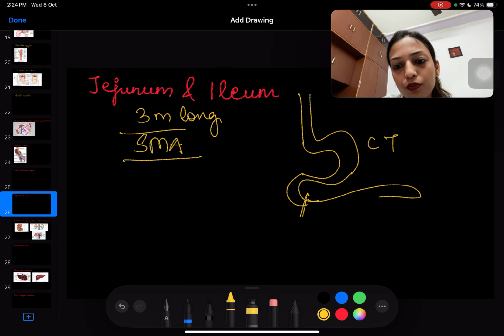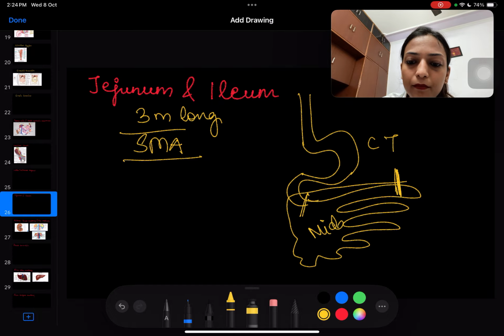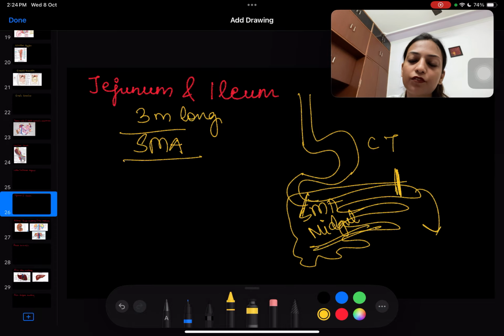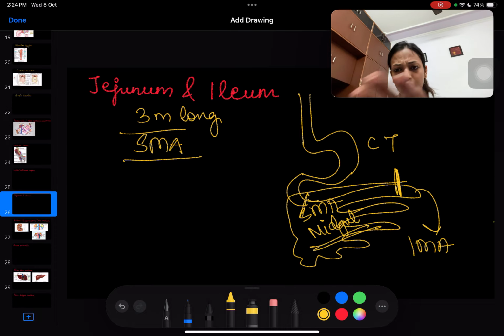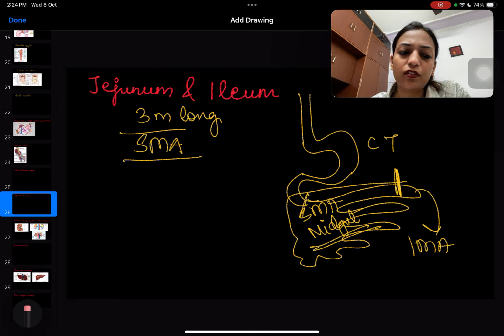After D2, ileum, jejunum, appendix, cecum, ascending colon, transverse colon till 2/3 part, this is the midgut, and midgut is supplied by superior mesenteric artery, and the rest after this is supplied by the inferior mesenteric artery. I told you, I think, in the previous lecture only. So we just need to know about this.